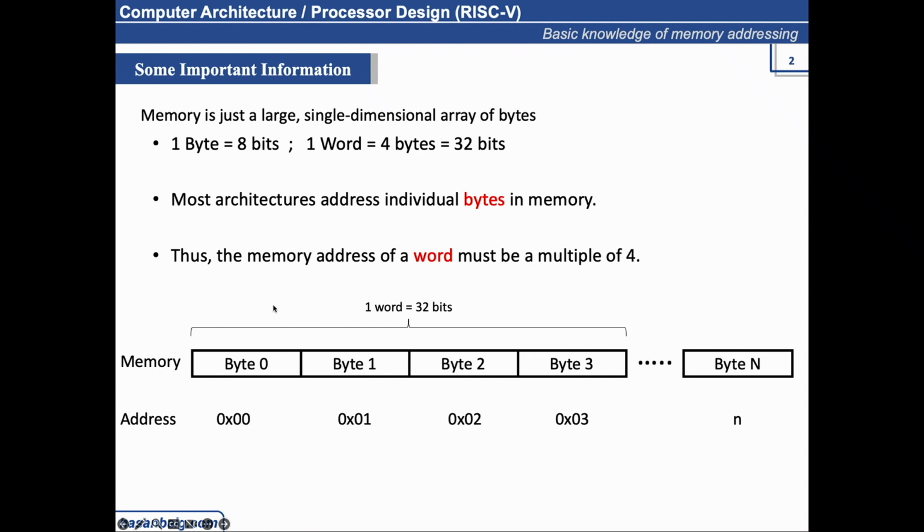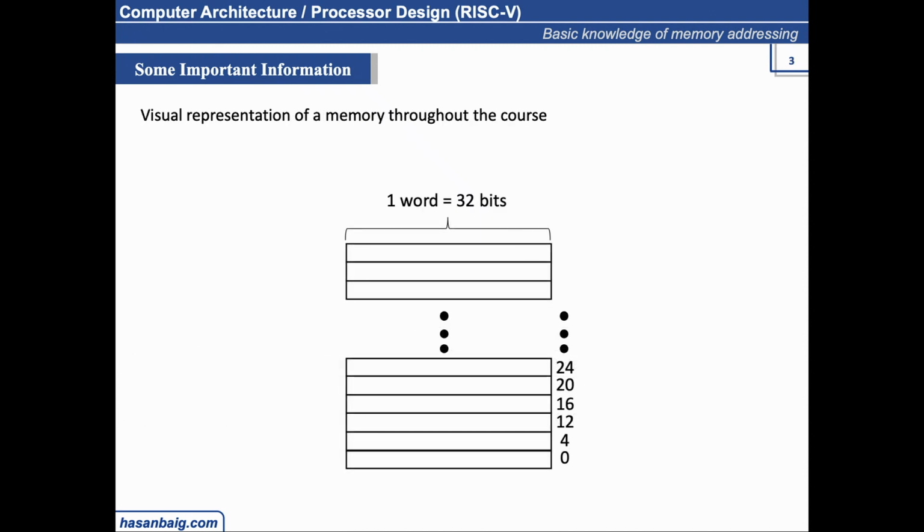But because we cannot express huge memory horizontally in our slides or on any paper, you will see me expressing or talking about memory as a stack of words throughout the course. It is easier to represent memory in this form, just to have enough space.